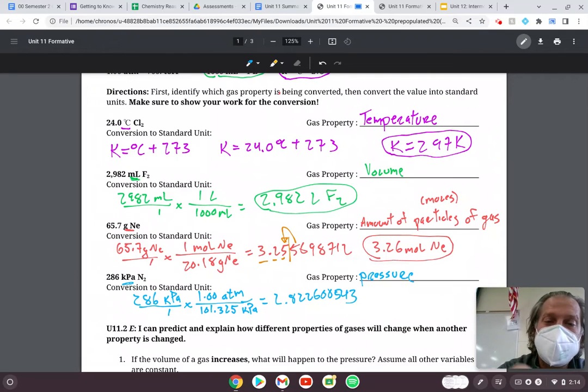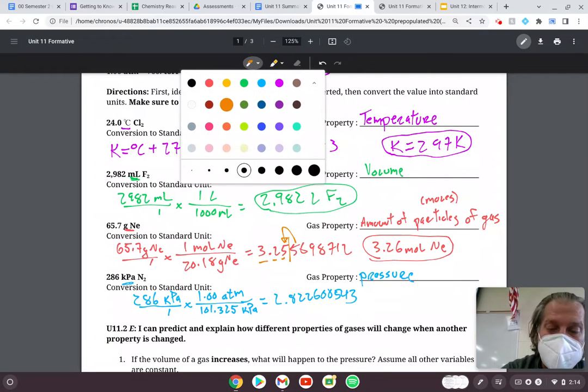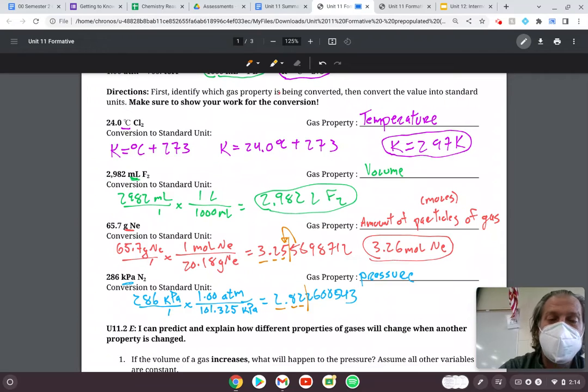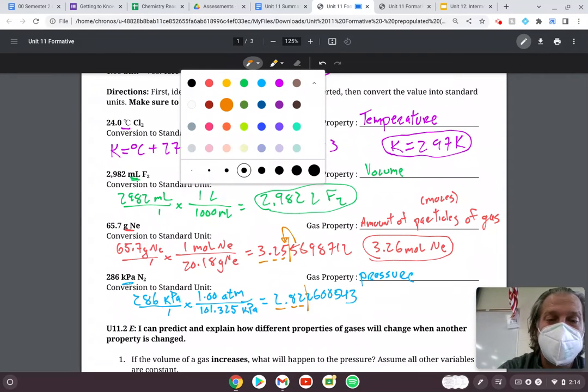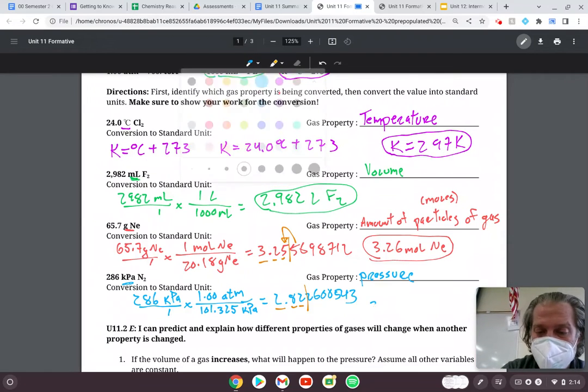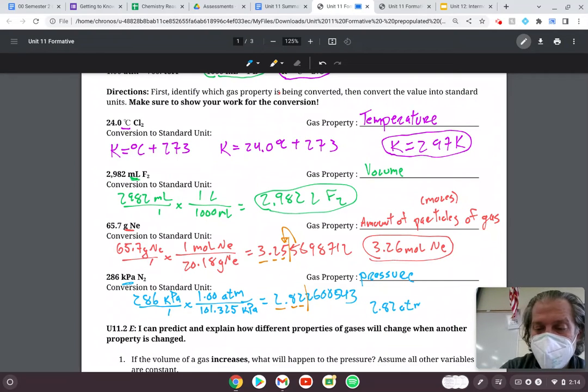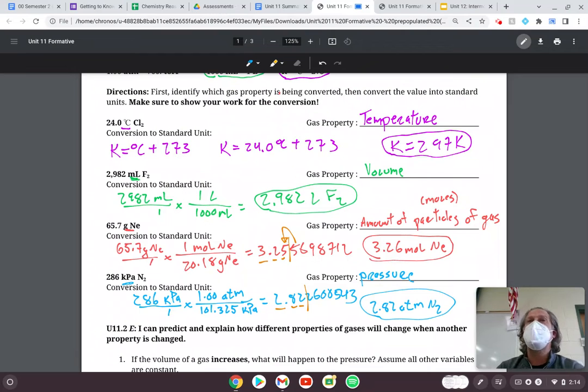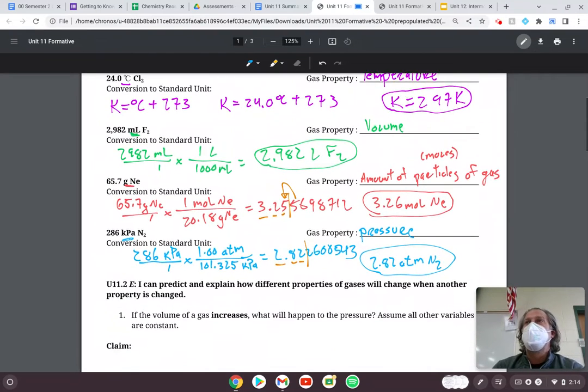Again, this answer needs to have 3 significant figures, so I count 1, 2, 3. That 2 does not round the previous 2 up, so my best final answer here is going to be 2.82 ATM of N2. And so that covers the first section. Any questions here? Yes, sir.